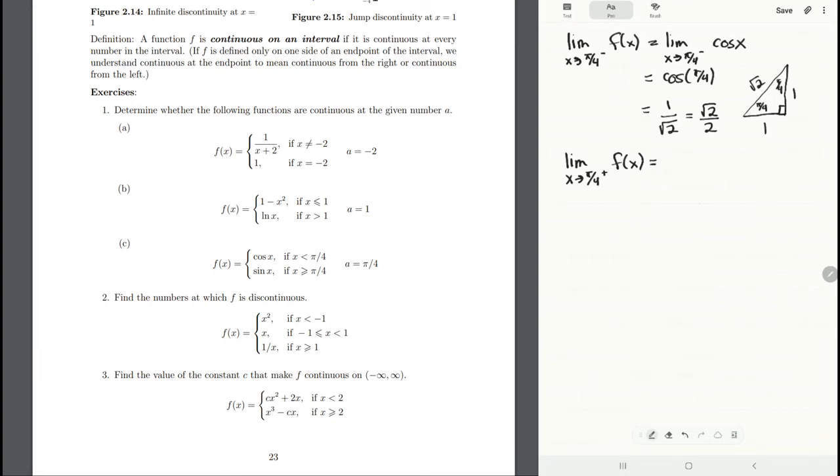And if we're approaching pi over 4 from the right, then x will be slightly larger than pi over 4. And so our function will be equal to the sine of x if x is greater than or equal to pi over 4. So what we have is the limit as x approaches pi over 4 from the right of the sine of x.